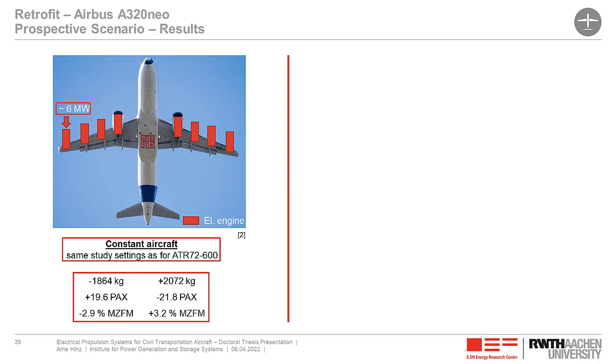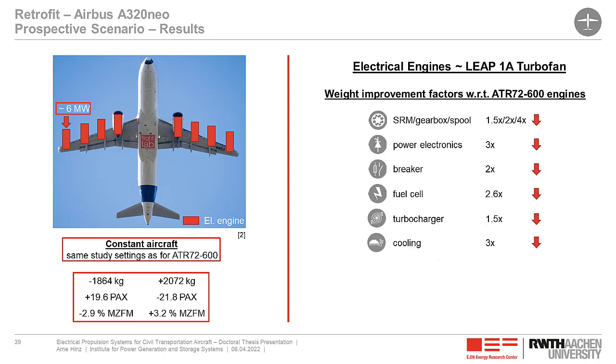In passengers, this will be an additional 20 passengers or 22 passengers stepping out. Regarding the improvement factors, we will have improvement factors in the range between 1.5 and 4 with regard to the presented ATR 72-600 engines.